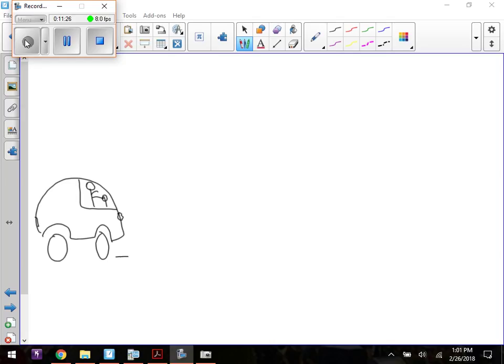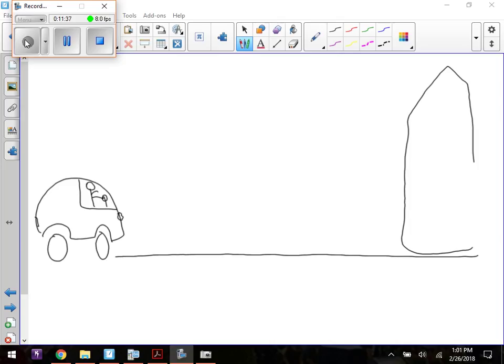Just so you know, the dashboard is the thing that's in front of the steering wheel. Oh, I know that, like the flat part right there. Yeah, that's called the dashboard. Well, I was confused. I thought you meant the front of the car.